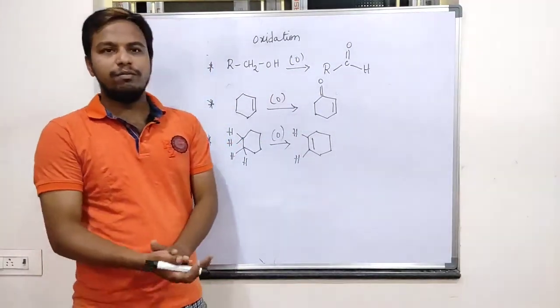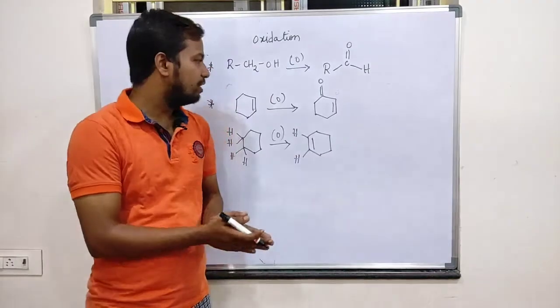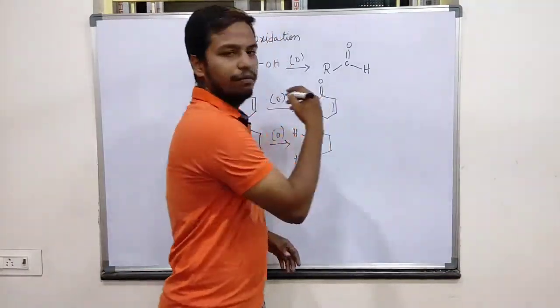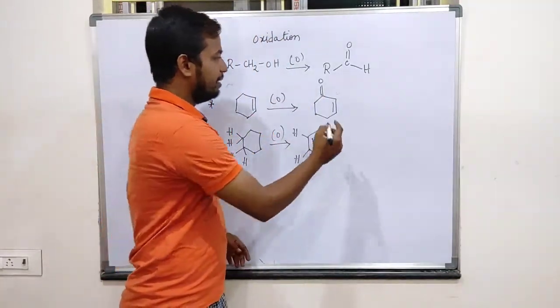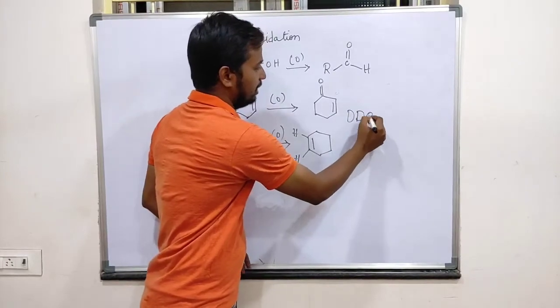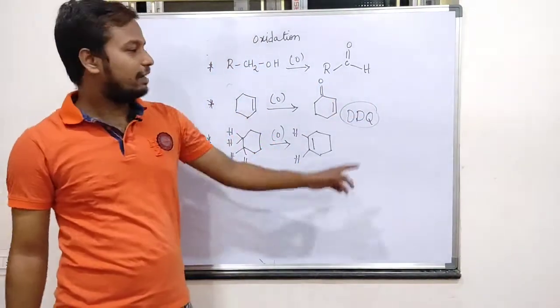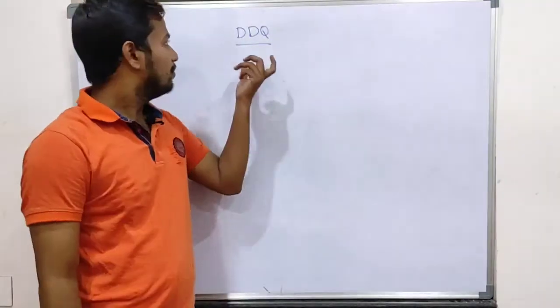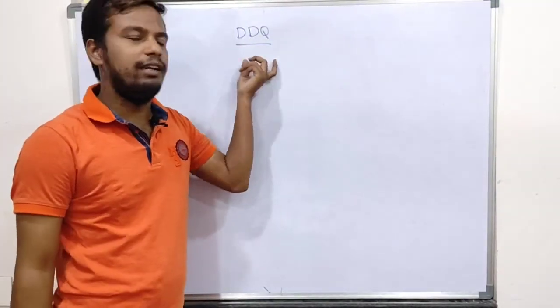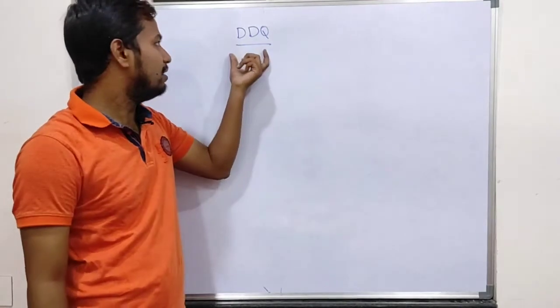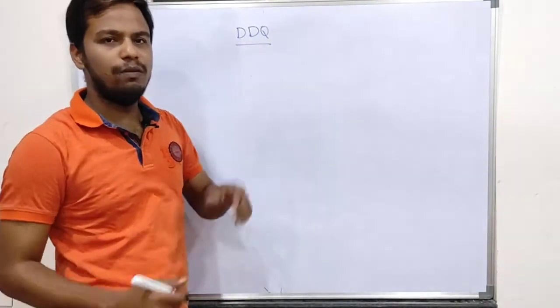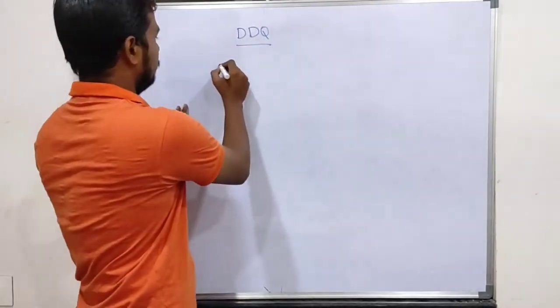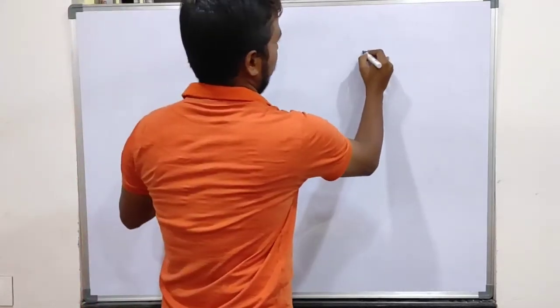So in this video, we are going to discuss the first oxidizing agent, which is very important, and that is DDQ. So shall we begin with the DDQ? Let's begin. We will discuss DDQ in detail. DDQ is nothing but dichloro-dicyanobenzoquinone. I'll write it here.